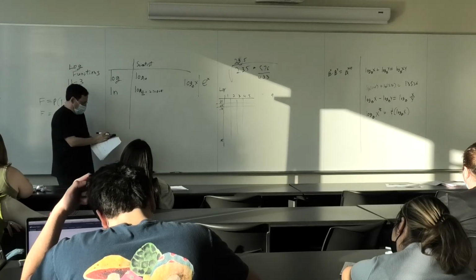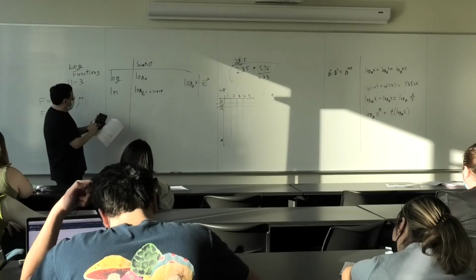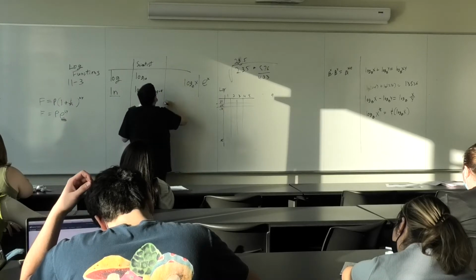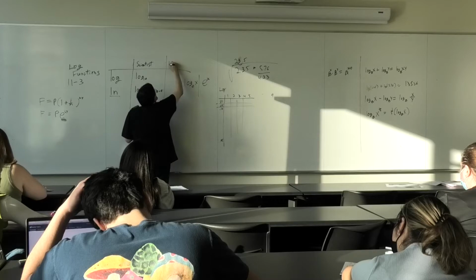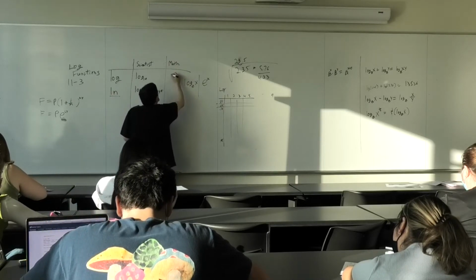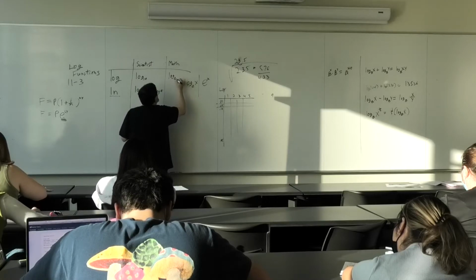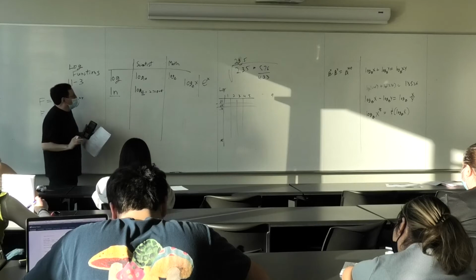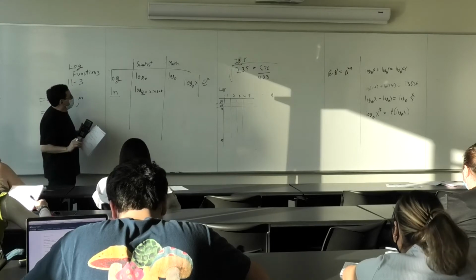On the calculator, it's ln. Now, I say this because if you're a mathematician and you see log, it means log to the base e. I don't think anyone here has to worry too much about that.